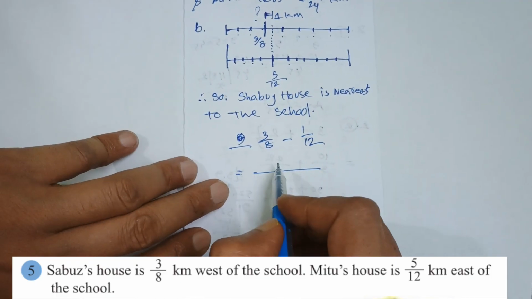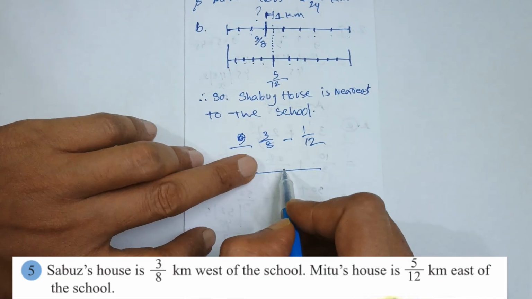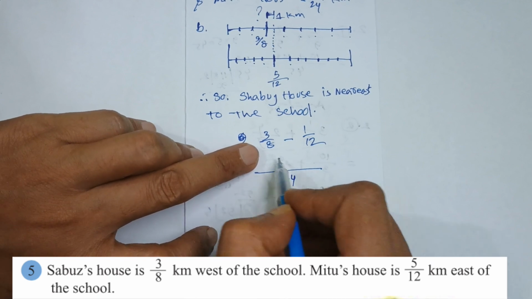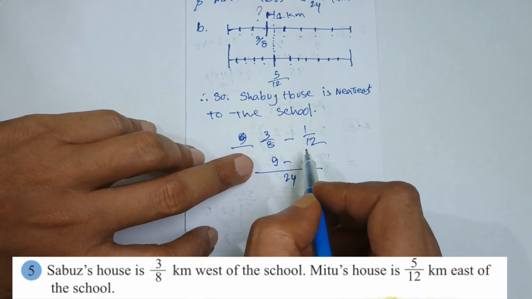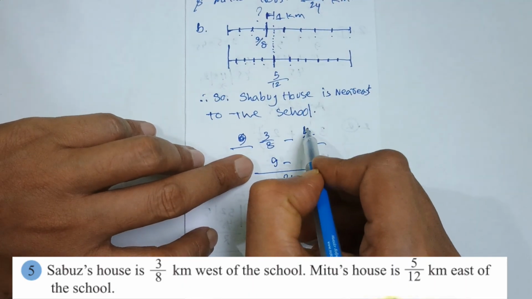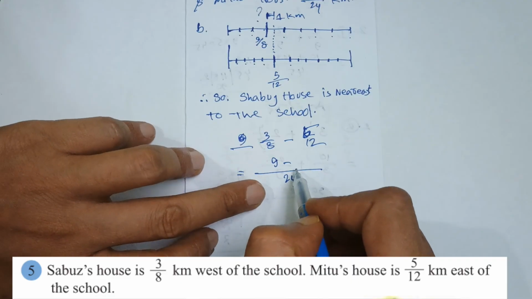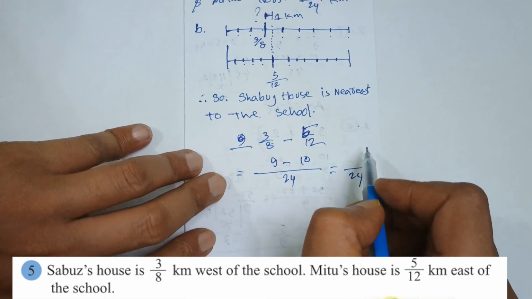Then the common denominator of 8 and 12 is 24. 3 times 3 is 9, 2 times 5 is 10, equal to 9 minus 10 over 24.